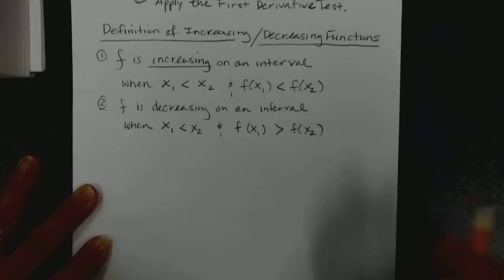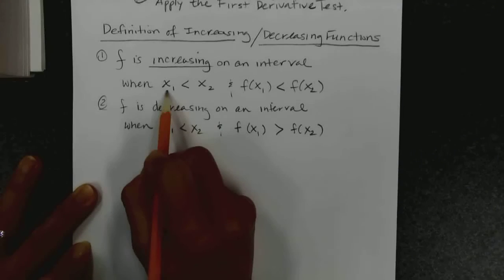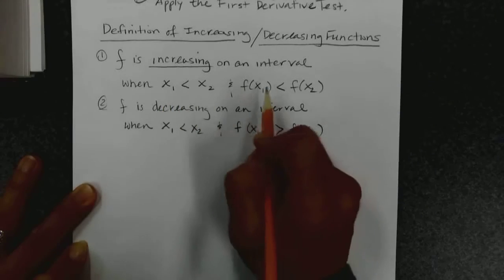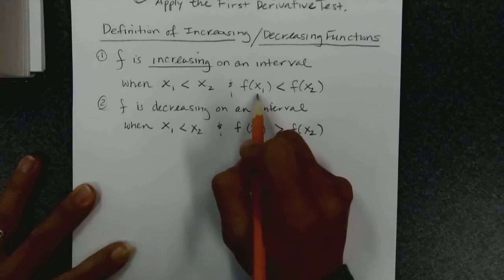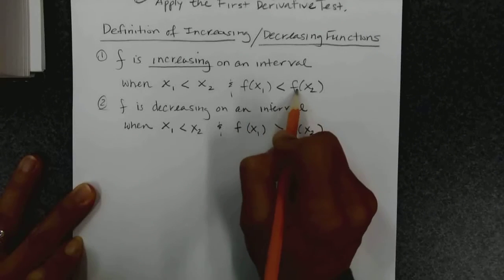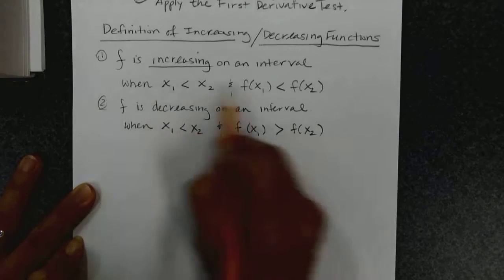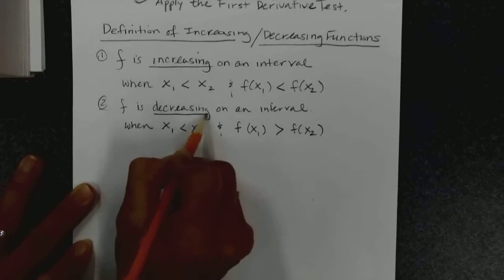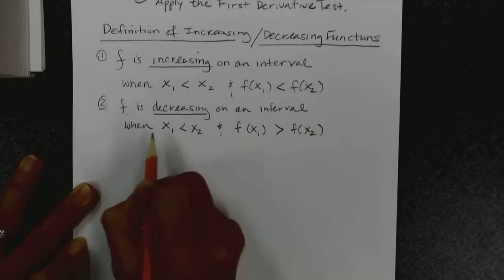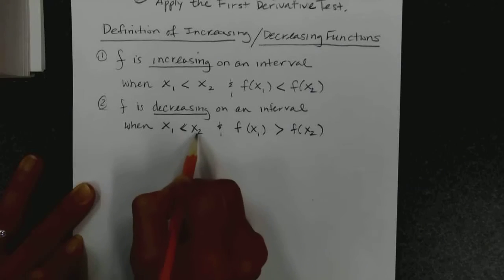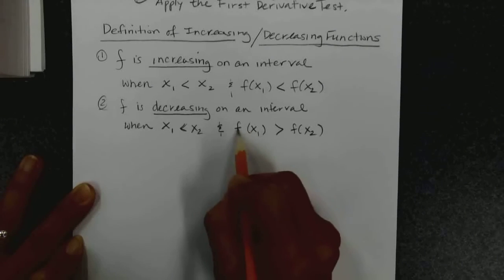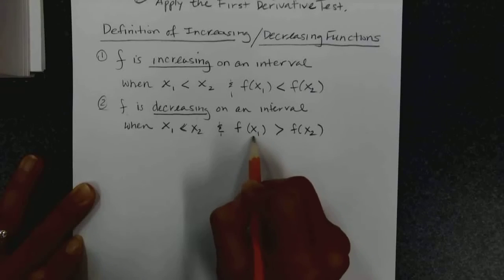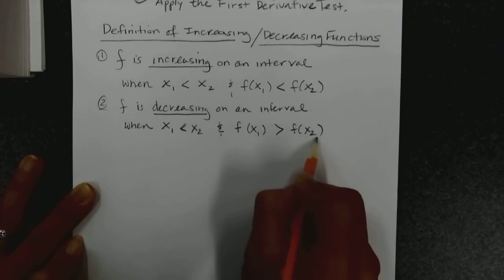Now the definition of increasing and decreasing function is given as this. F is increasing on a given interval when you have x value x1 less than x2 and their corresponding y value f of x1 is less than f of x2. So then f is increasing. And a function is decreasing on an interval when x1 is still less than x2, but f of x1, the y value, is greater than f of x2.